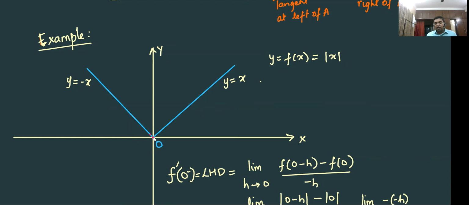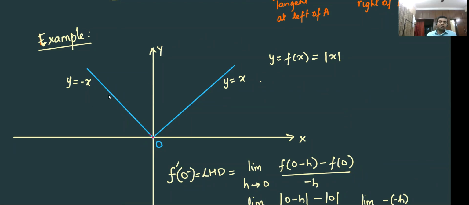You just see, take the point 0 and take a point on the curve just to the left of 0. So just to the left of 0, you take a point and draw a tangent. So here the tangent coincides with the curve. It is not a curve as such, it is a line.